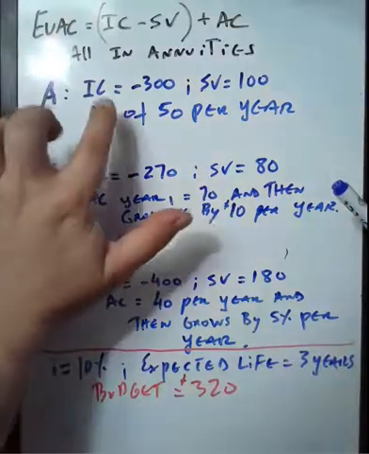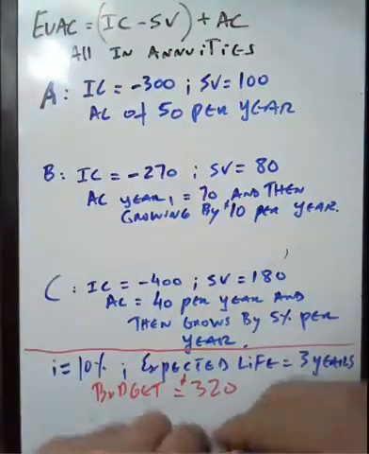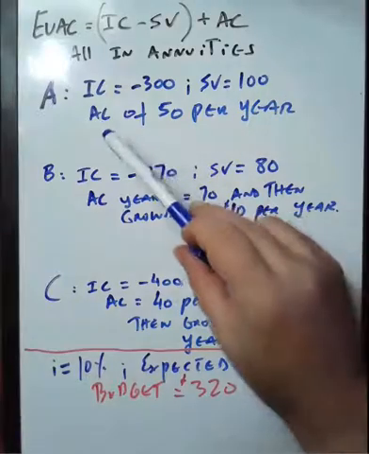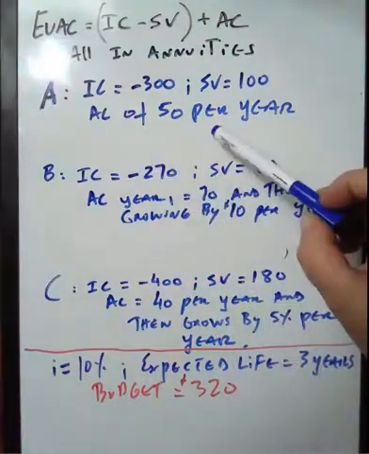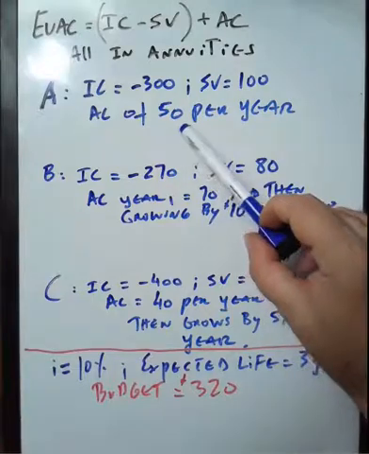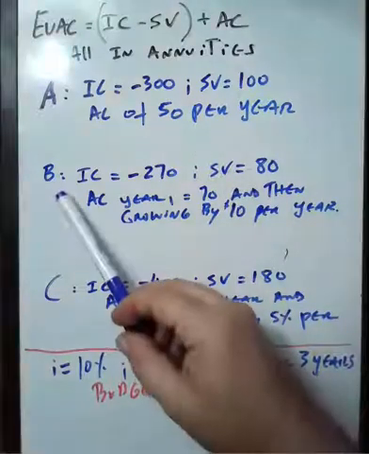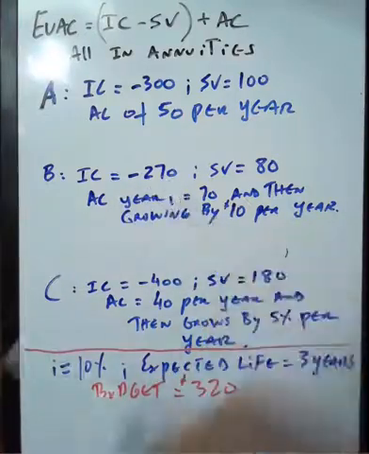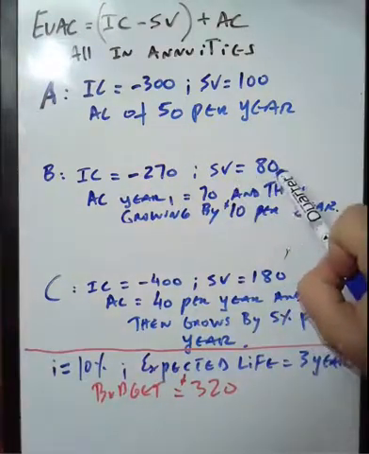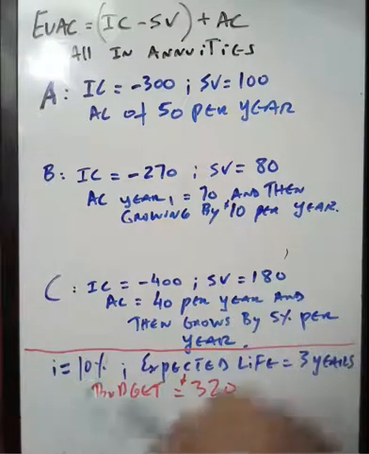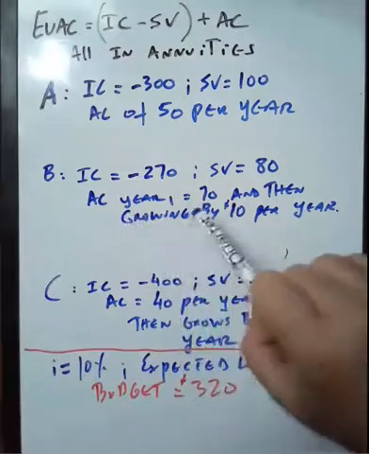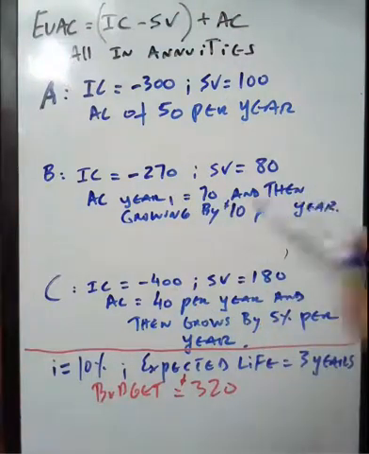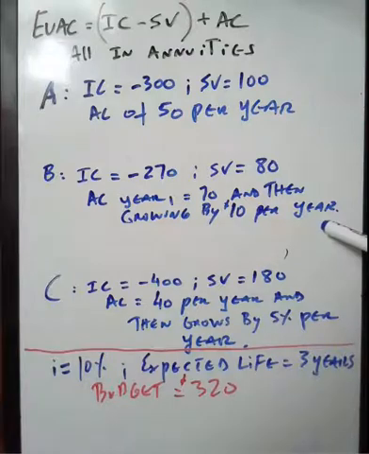Machine A requires an initial cost of $300 investment, has a salvage value of $100, and the annual cost of maintaining and operating the machine is flat at $50 per year. Option B, there's an initial investment of $270 and the salvage value expected of $80, and the annual cost of operating and maintaining the machine is $70 in the first year and then expected to grow by $10 per year.